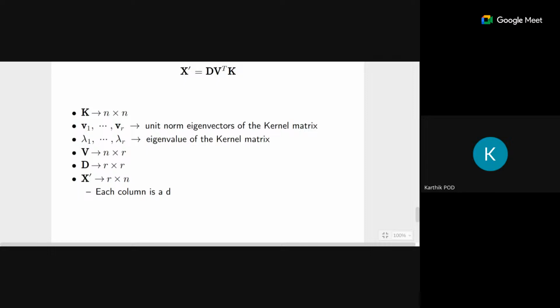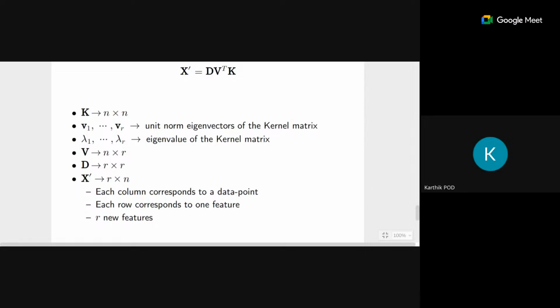Each column corresponds to a data point, and each row corresponds to one feature. This is the new feature that you get after projecting the data points onto the principal components. So there are new features, you can think about it that way.